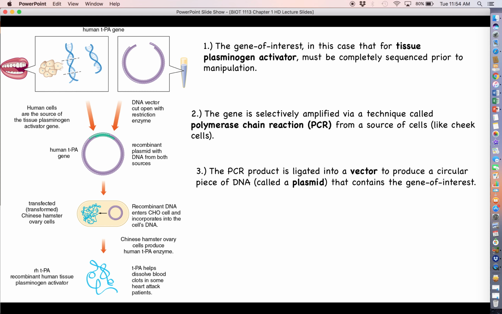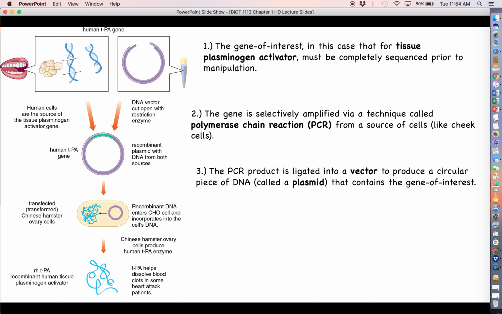Okay, next we are going to take that PCR product, the amplified tissue plasminogen activator gene, and insert and ligate it into a vector. A vector is usually a circular piece of DNA that has a little empty spot meant to accommodate the gene you're trying to insert.